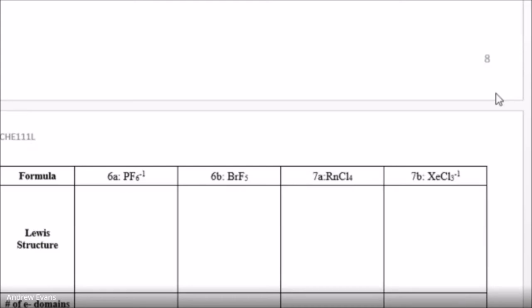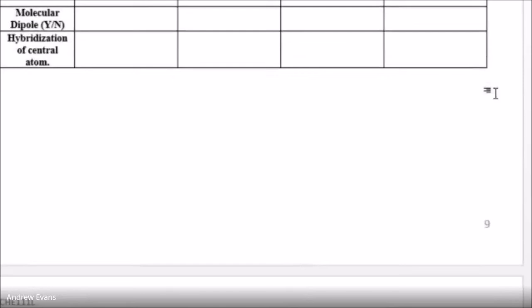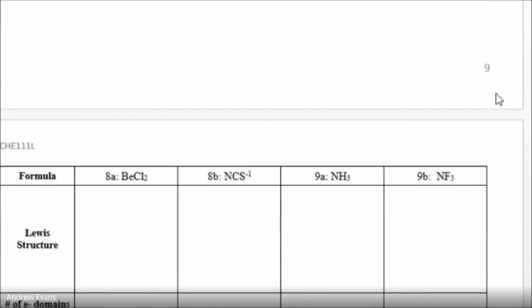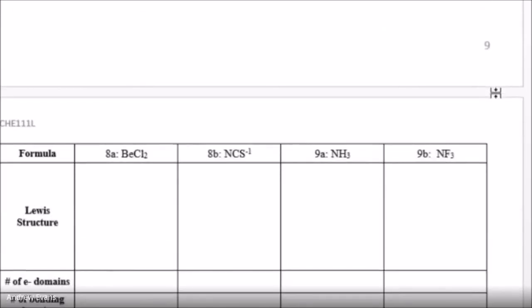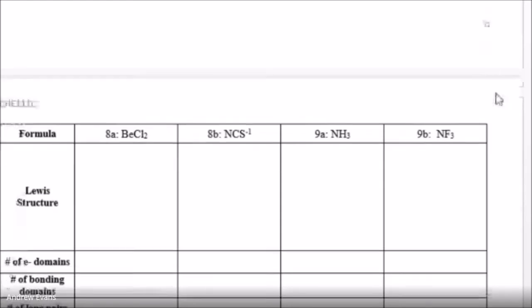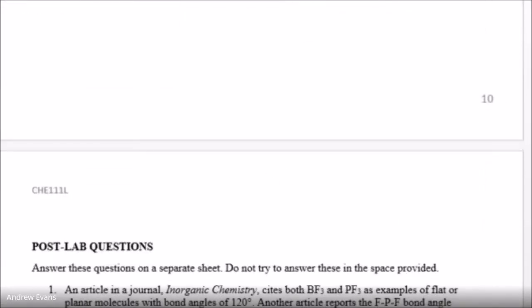We'll do that one, and then we'll do NCS 1 minus. Just to show you something very interesting, and that's where we'll stop, at least going over this.